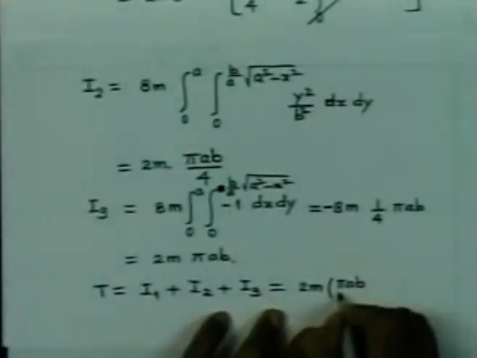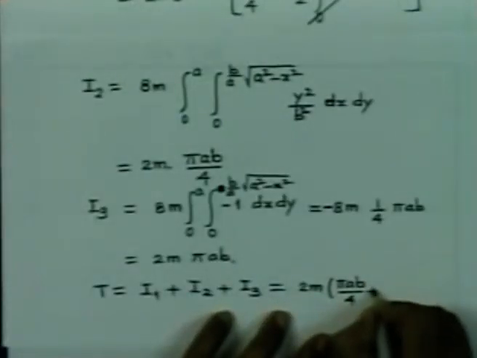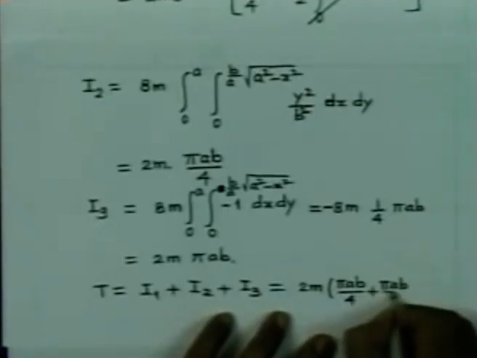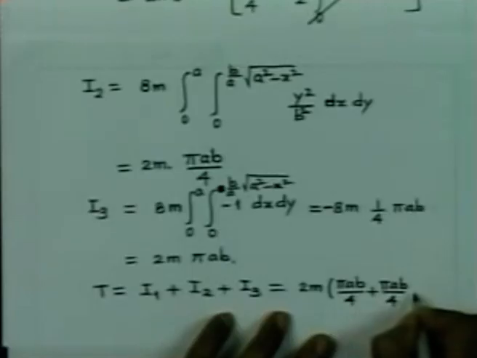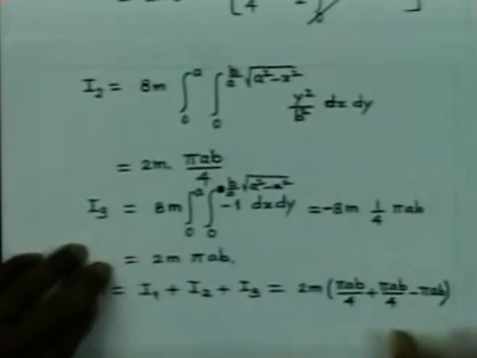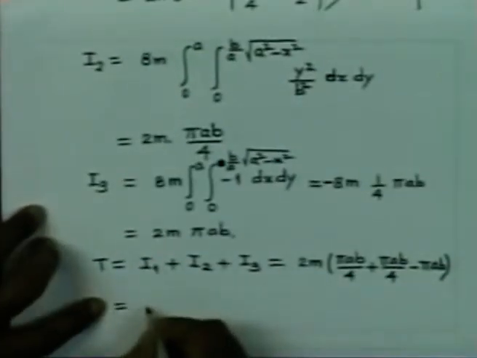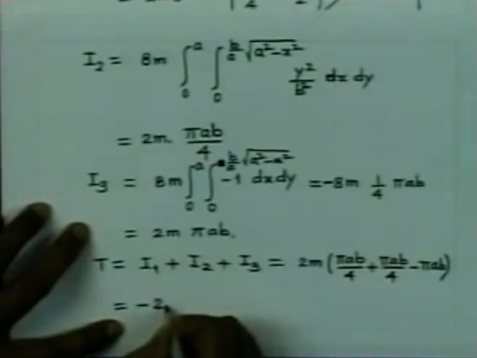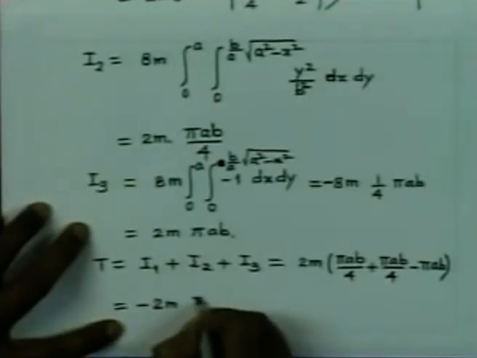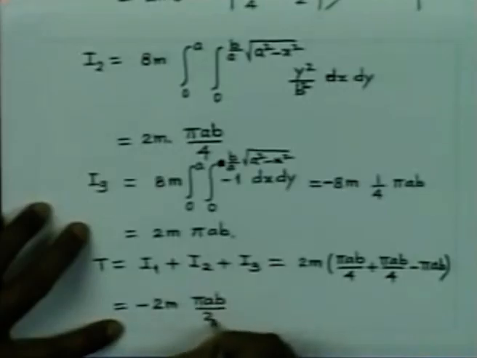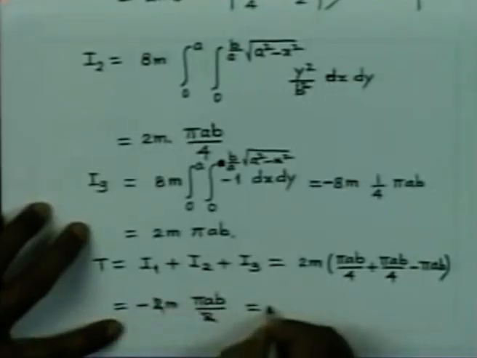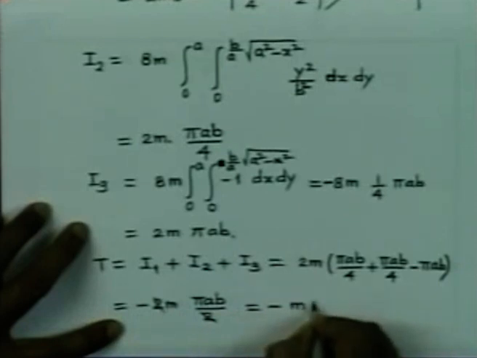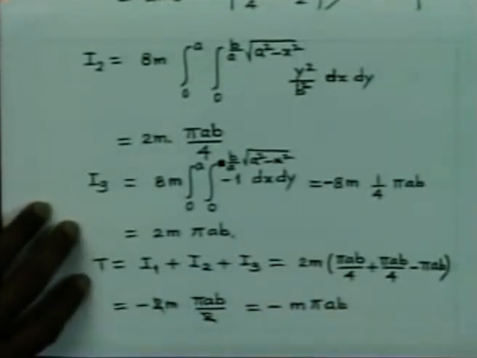It is nothing but twice m, pi a b by 4 plus pi a b by 4 minus pi a b. So, this gives us torque is equal to minus 2m pi a b by 2, which is nothing but minus m pi a b.